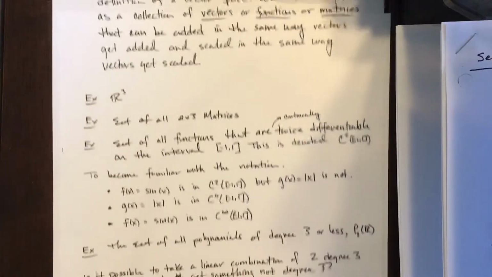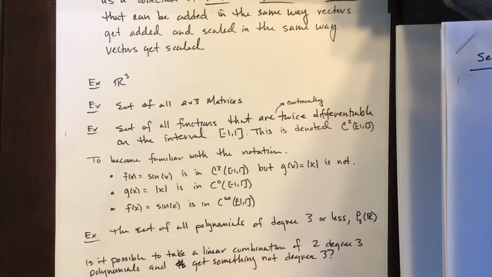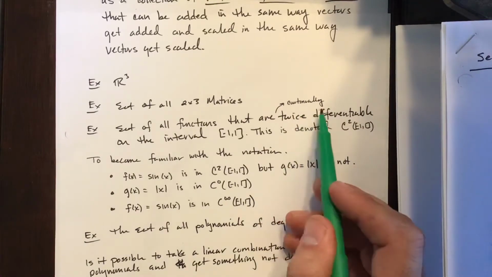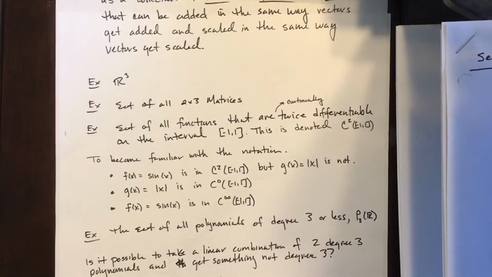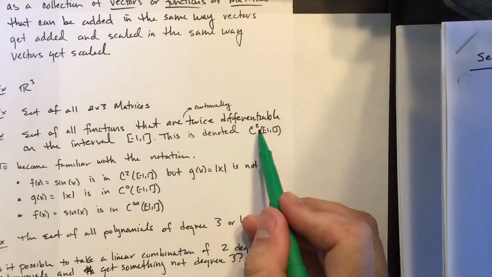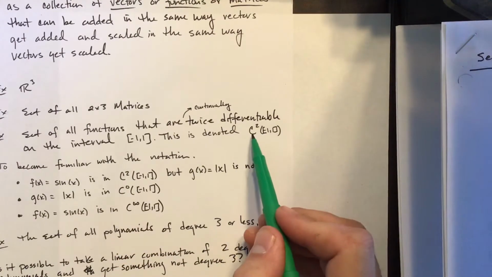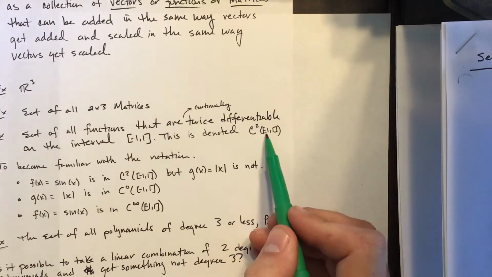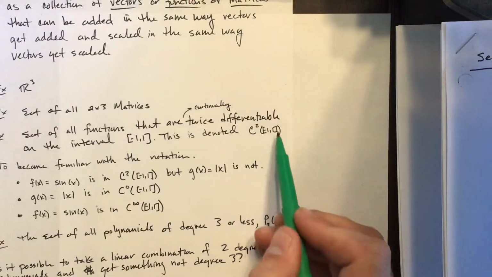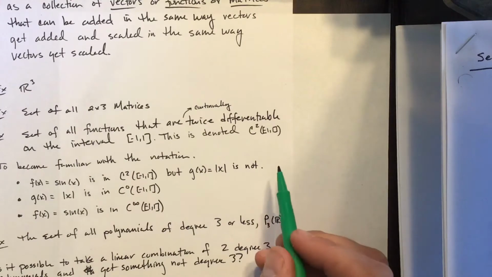Next, the set of all functions that are, I said continually, I meant continuously twice differentiable on the interval from -1 to 1. That is going to be denoted C2. I know that looks like a square right there. It's not meant to.